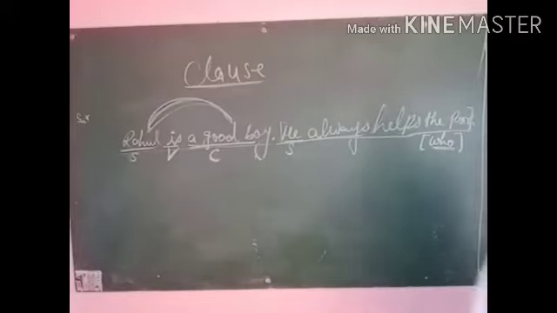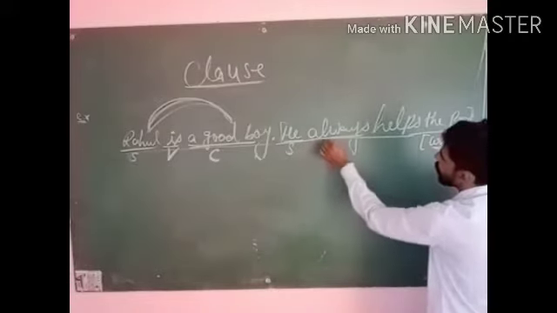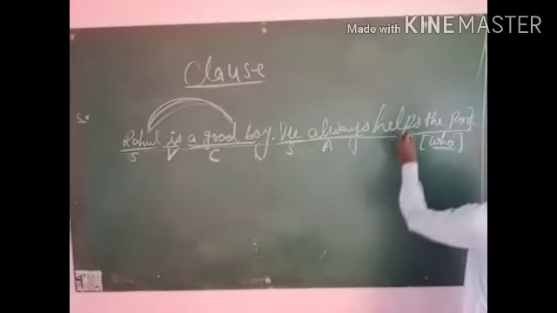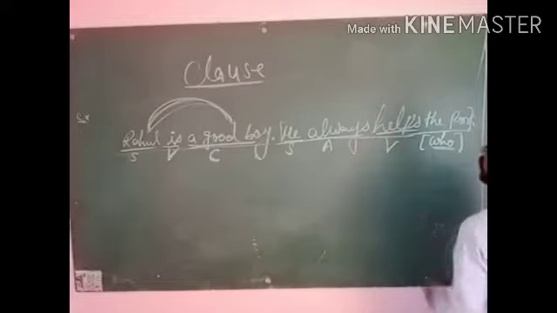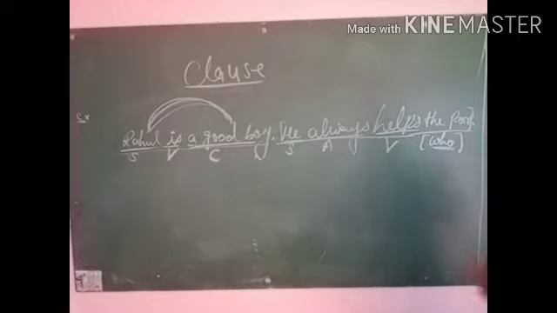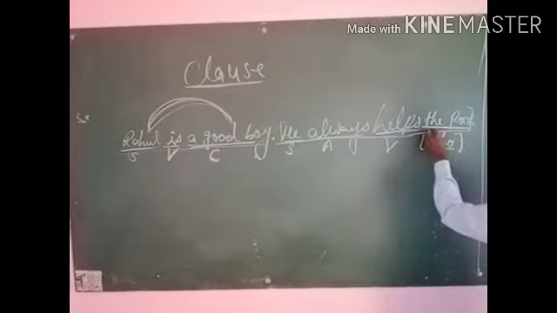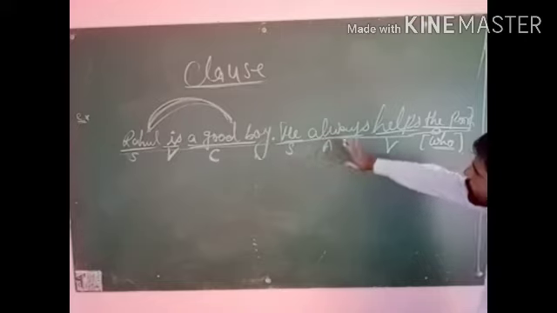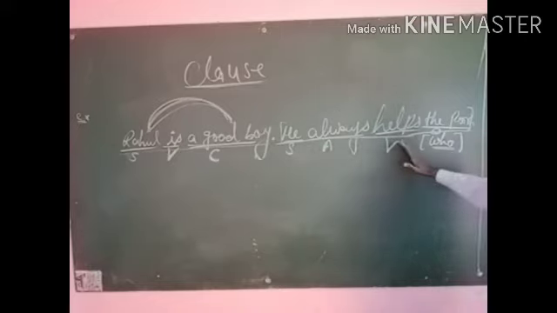So we can say that always is an adverbial, and helps is verb, and whom does he help, and the answer of whom is the poor. So the poor is object of this sentence. Subject, adverbial, verb, and this one is object.